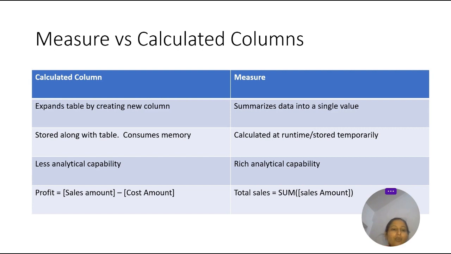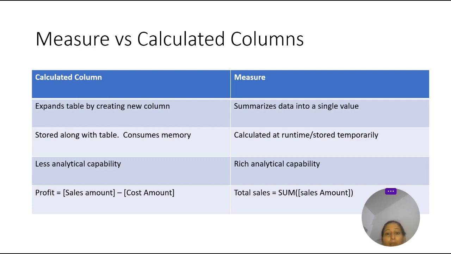So if we want to calculate the profit in any given table, how can we calculate it? Where sales amount is given and cost amount is given for any product, we can calculate profit is equal to sales amount minus cost amount. So in a calculated column, it will add a new column, the profit.